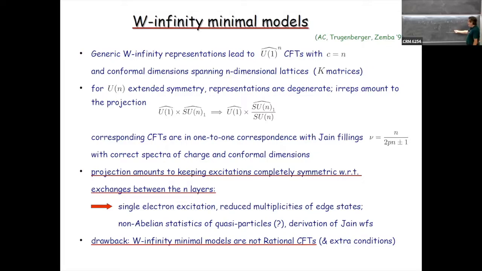Sometimes this lattice has an extended symmetry because it contains the weight lattice of SU(N). For example, if you have U(2), it can be U(1) cross SU(2).